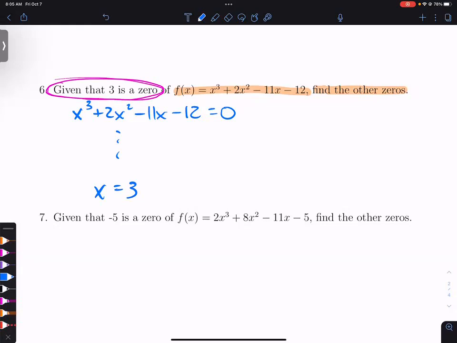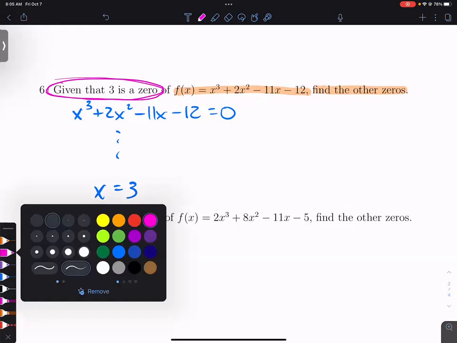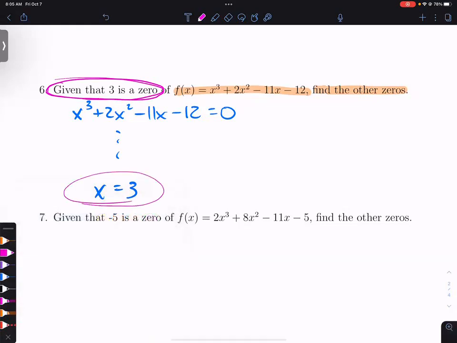That x equals 3 is a 0 means, because of the factor theorem, that result we talked about yesterday, that x minus 3 is a factor. So by giving you a 0, I'm also giving you a linear factor of the function.